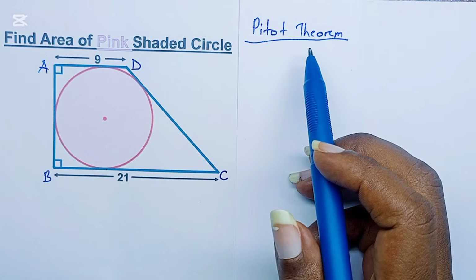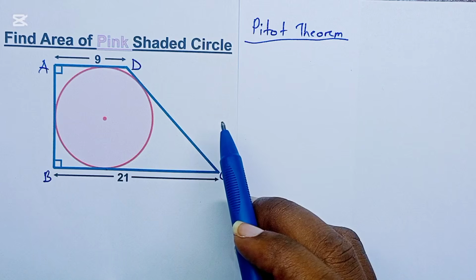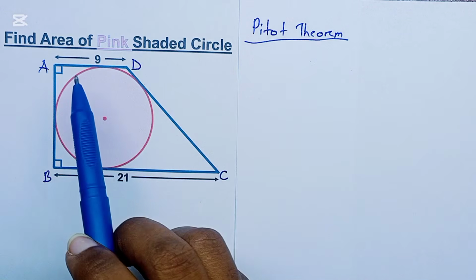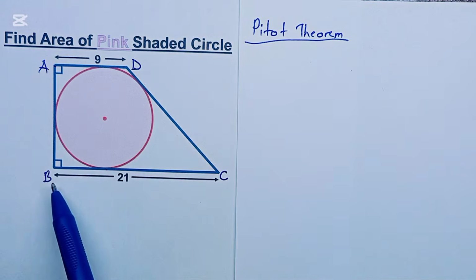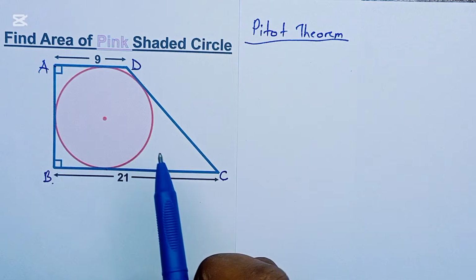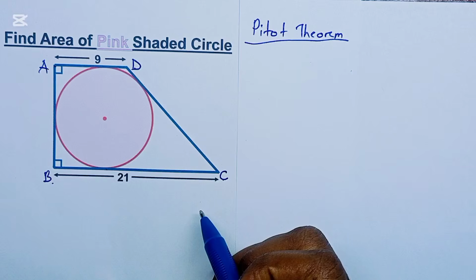With the Pitot theorem, it says that in a tangential quadrilateral, the sum of its two opposite sides are equal. So by that we mean that AD plus BC is equal to AB plus DC. Many of you have tried correcting me in the previous video, saying "is equals to" is wrong grammar, so I'm going to try and correct it, though I had been used to it.